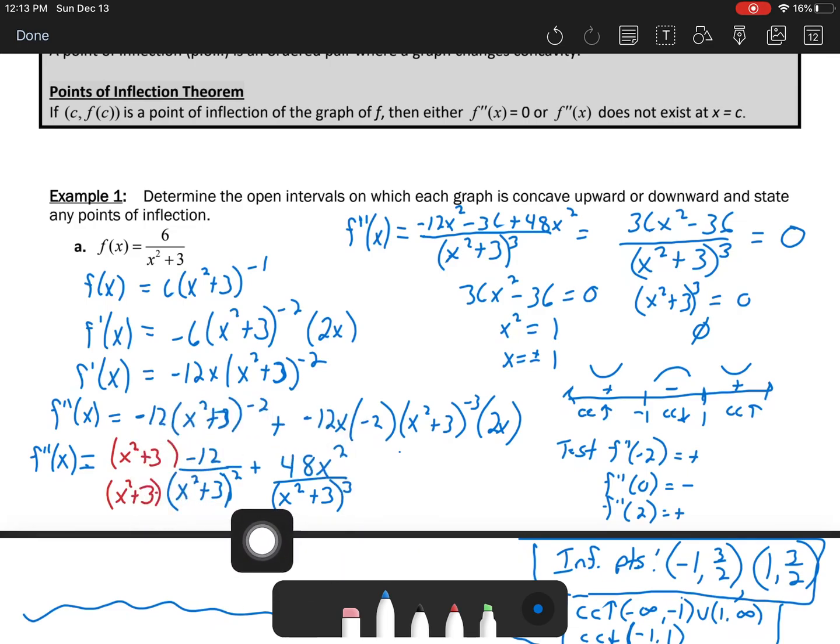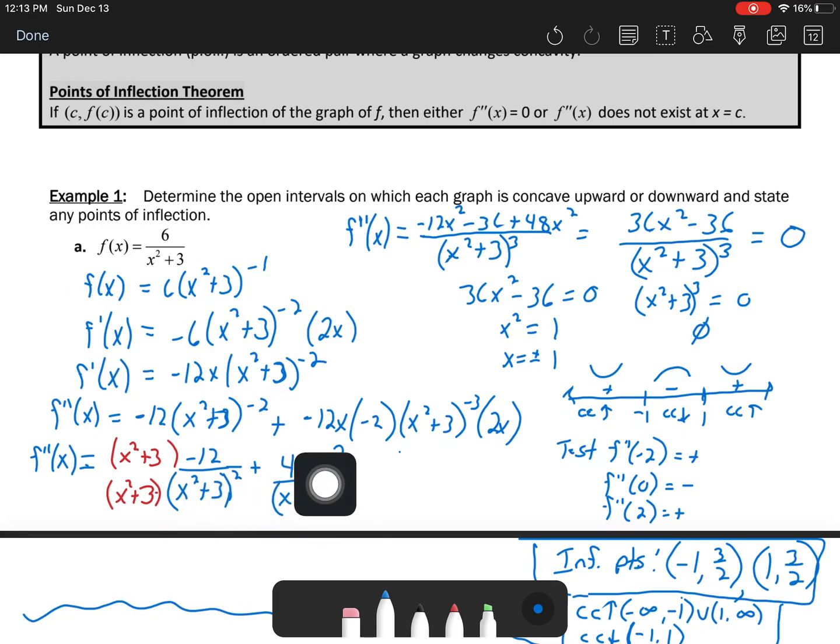But before we can do that, we need to get a common denominator here. So there's just all kinds of calculus derivatives here. Now there's lots of algebra to simplify involved right here. And so to do that, I have to multiply by x squared plus 3 so that I have x squared plus 3 to the third power as both my denominators. So up here, after I do that and I've combined, so multiplying by x squared plus 3, this is going to become -12x squared minus 36.